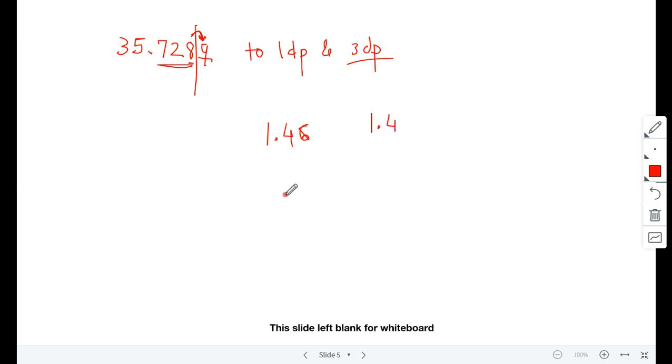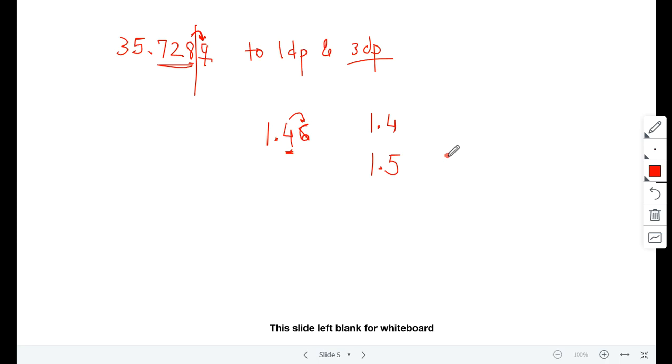But if the question is round off to 1 decimal place, then since it's 1 decimal place, just after this you have to look at the next number, which is 6. Clearly 6 is greater than 5, that means add 1 to this and your rounded number is 1.5. So that's the basic difference between rounding off and truncating a number. Clear?